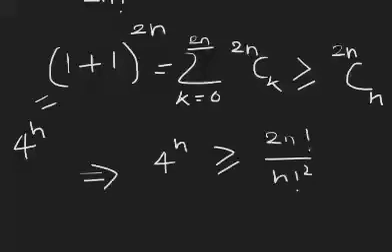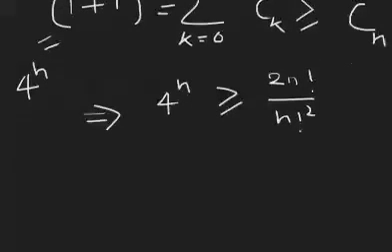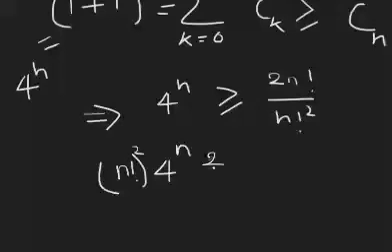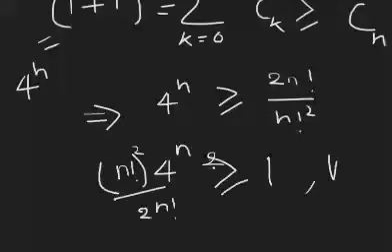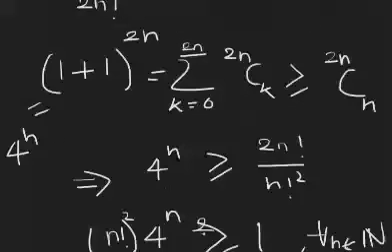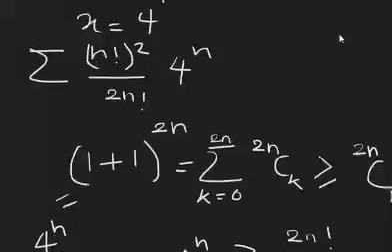So that means 4 to the n times (n factorial) squared divided by (2n) factorial is bigger than 1 for all n, right, for all n. So all terms of this series are bigger than 1.